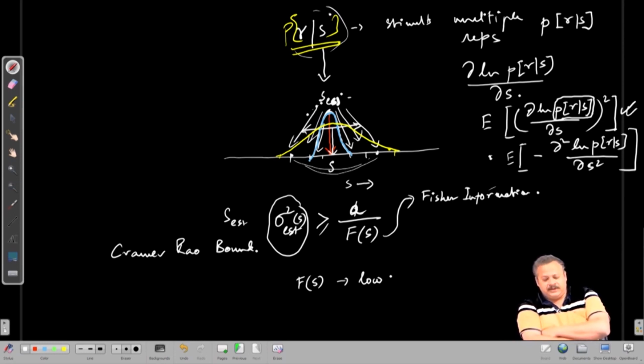As you can think about it a little more, cases where the response variability is low, as well as the changes of the responses with stimulus being high, this combination is going to produce the highest Fisher information.